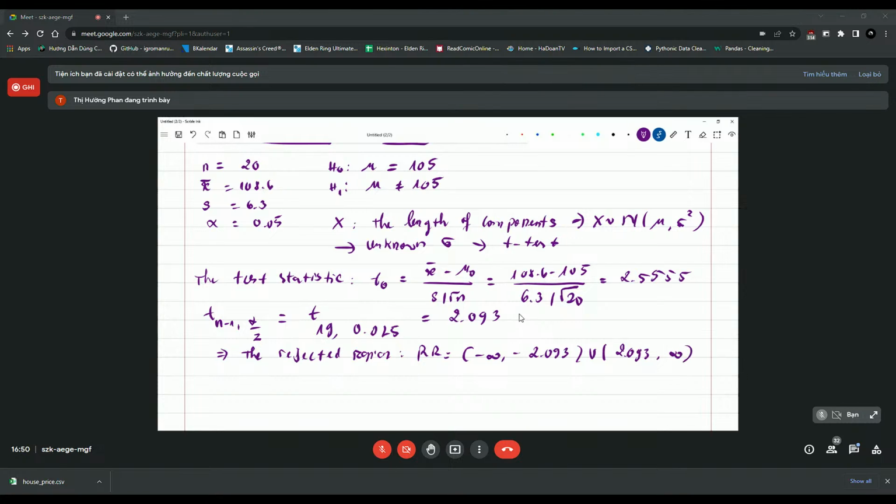Now, because the test statistic T0 belongs to the rejection region, hence, we confirm that H0 is rejected. Okay, H0 is rejected. We need to confirm the final. We must take the final conclusions for the given question. H0 is rejected implies that we have enough evidence.